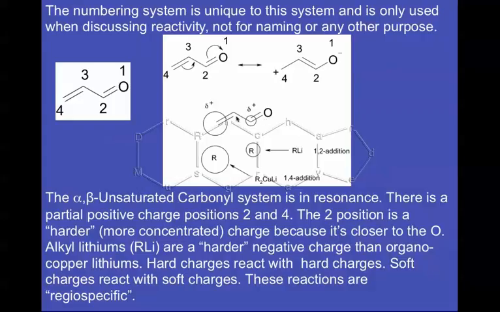When we take a look at the alpha-beta unsaturated carbonyl system, we also notice that we're going to have a higher positive charge next to the oxygen and a weaker positive charge down here on the 4 position of the system. And this is going to lead to a more diluted type charge down here and a more concentrated charge up here.